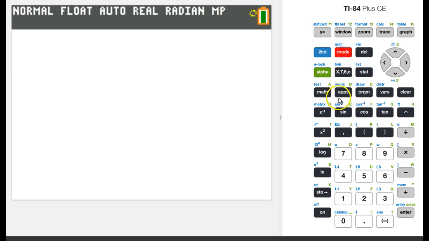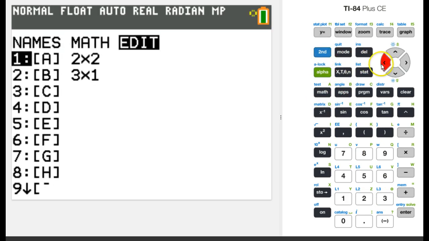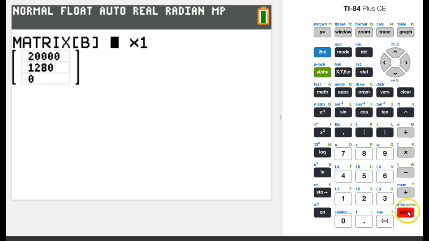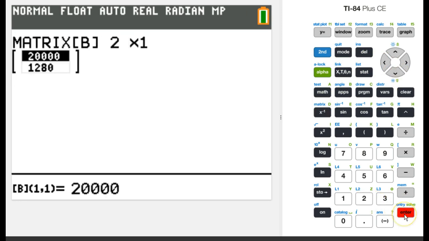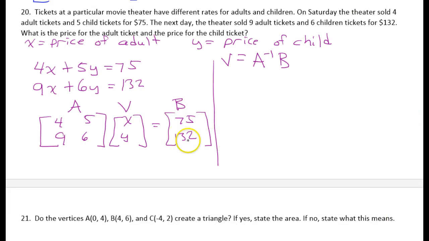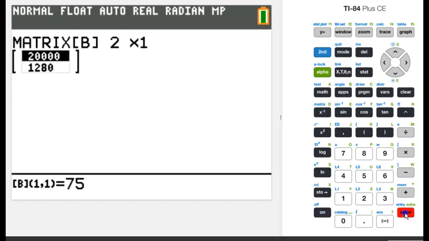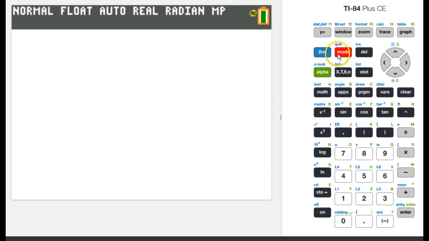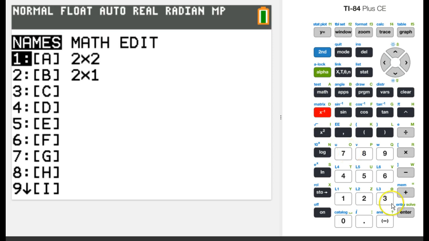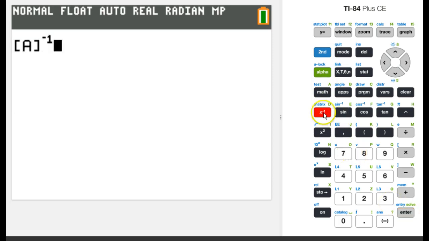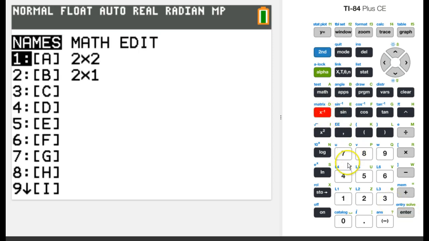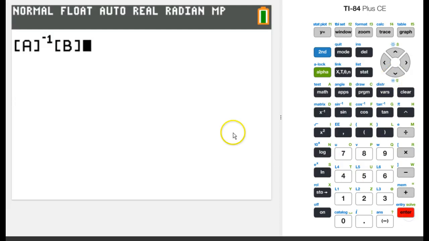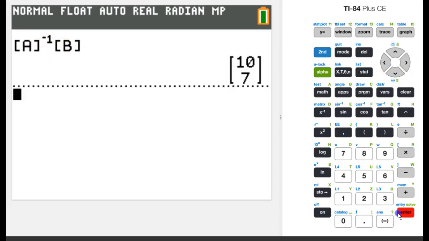Quit your way out, second mode. Back to the matrix area again. Edit, this time matrix B. This is a 2 by 1 matrix. 75, 132. Quit your way out. Back to the matrix area again. Grab matrix A, make it the inverse, go back to the matrix area again. Just grab matrix B. Now we have A inverse B. Kabam! 10, 7.